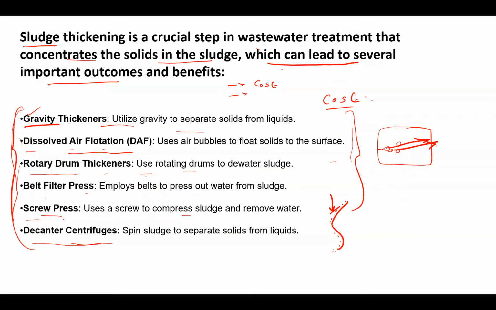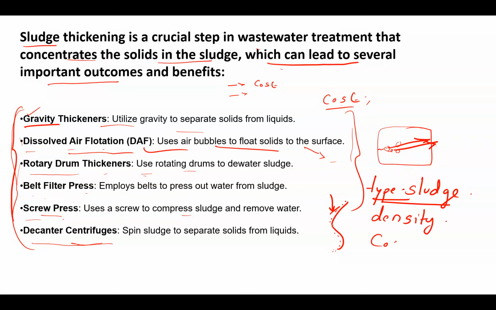And also, yes, oily, it is mainly used for the oil industry. And also the type of sludge we are using matters, the density also matters, and then the cost comes, then energy consumption also comes.